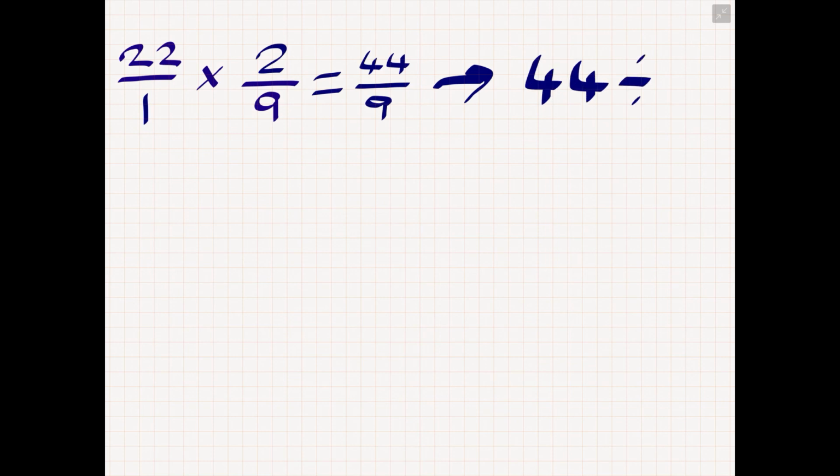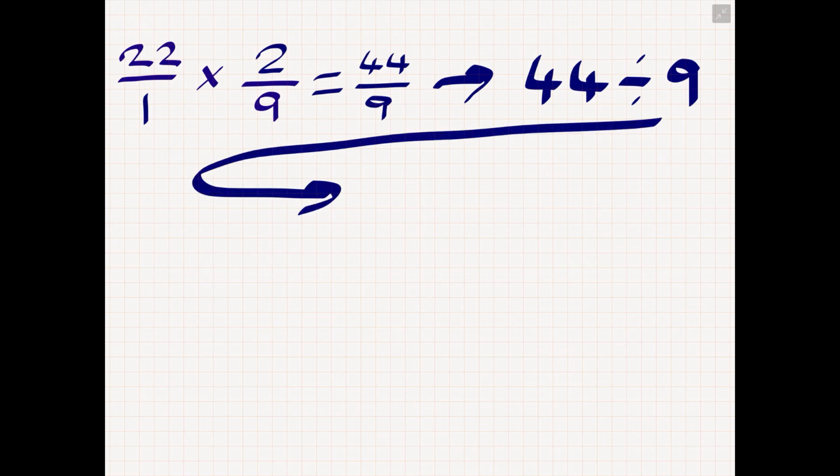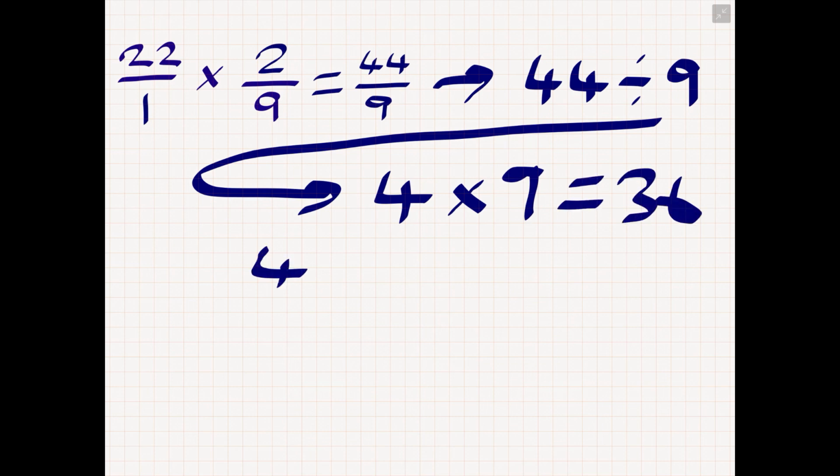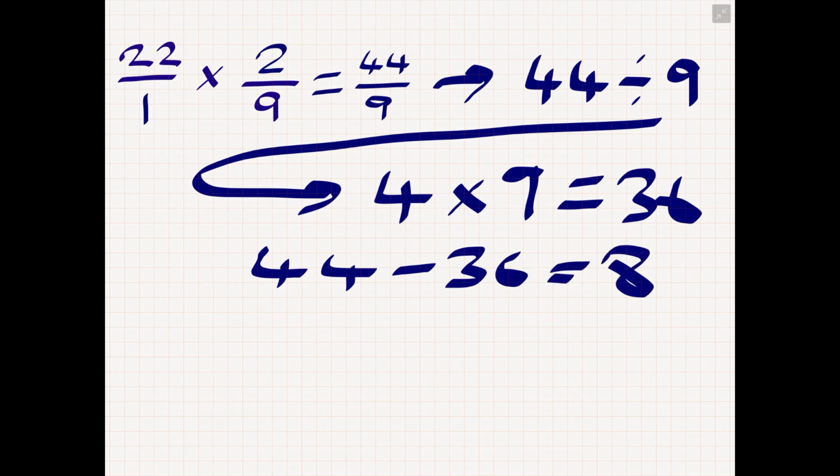This is done by dividing the denominator, which is 9, into the numerator, which is 44. We take the whole number, which in this case 9 goes into 44 4 times. 4 times 9 is 36. 44 minus 36 leaves us with 8.